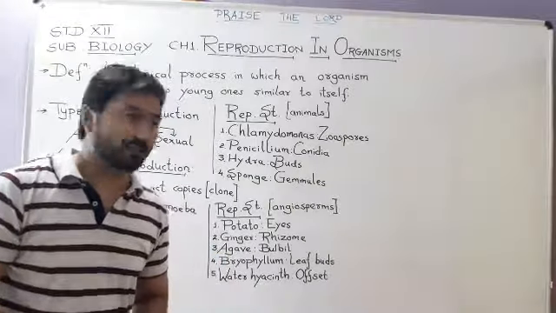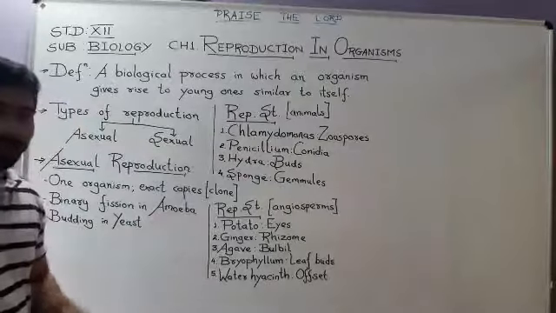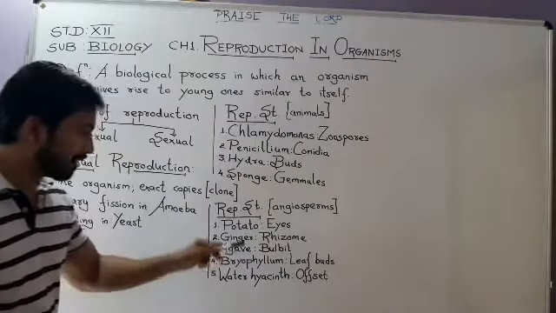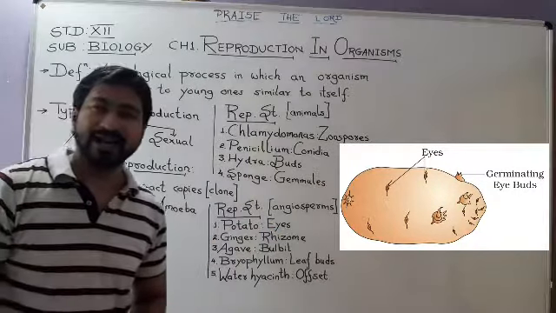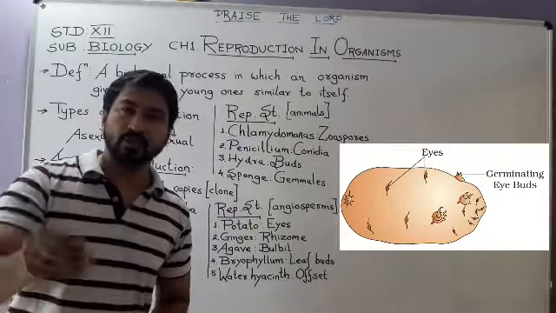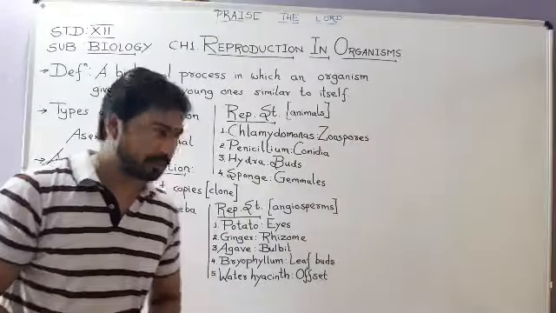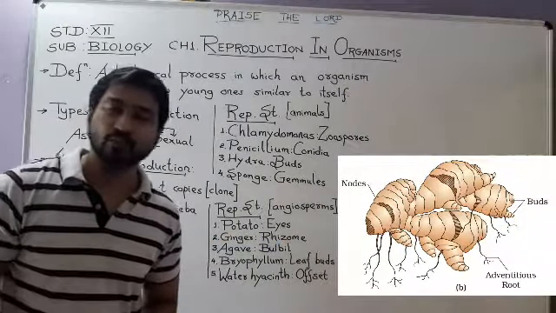Likewise, among the angiosperms, the reproductive structures found in various organisms are as follows. For potato, the reproductive structures are the eyes, small dots found on the surface of the potatoes. Ginger possesses rhizomes.